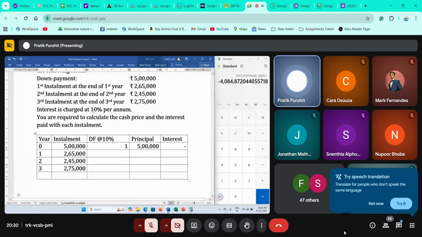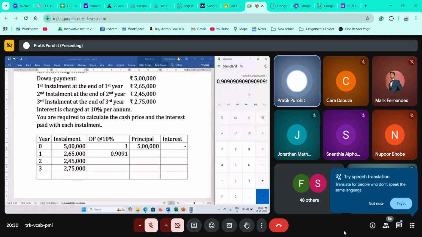So what is the value of 1 rupee discounted at the rate of 10% at the end of the year? Come to your calculator: 1 divided by 1.1 equals 0.9091, and you multiply this amount by your installment. The installment at the first year is 2 lakh 65.